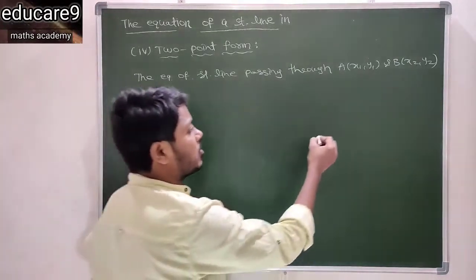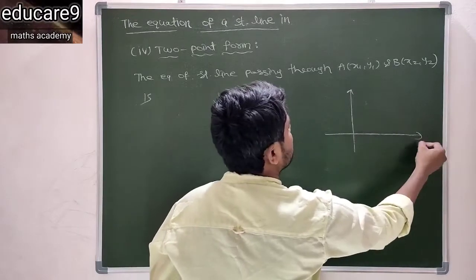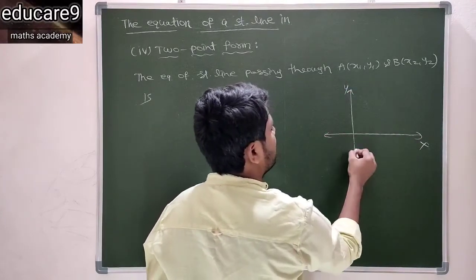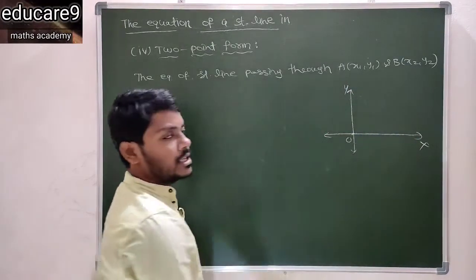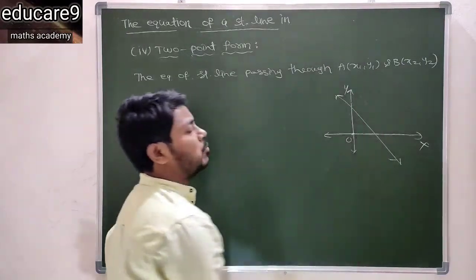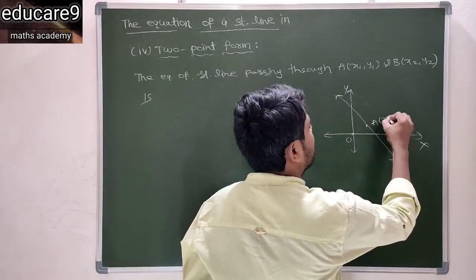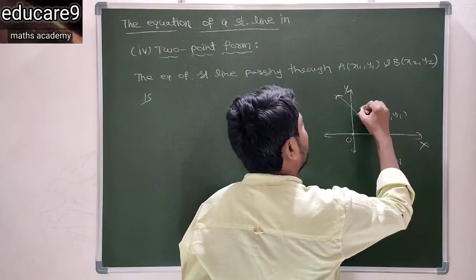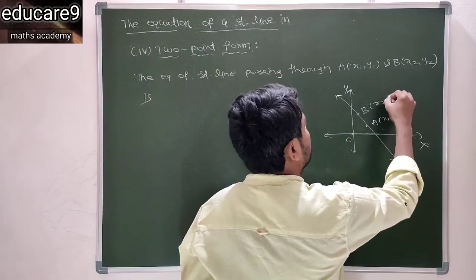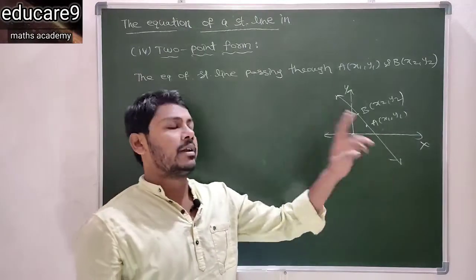So see here, consider the coordinate axis. This is the x and y axis. The point of intersection of the axes is the origin. So see here, for example, this is the straight line. This straight line passes through the two points. Suppose this is A(x1, y1) and this is B(x2, y2). Here you need to find the equation of the straight line.